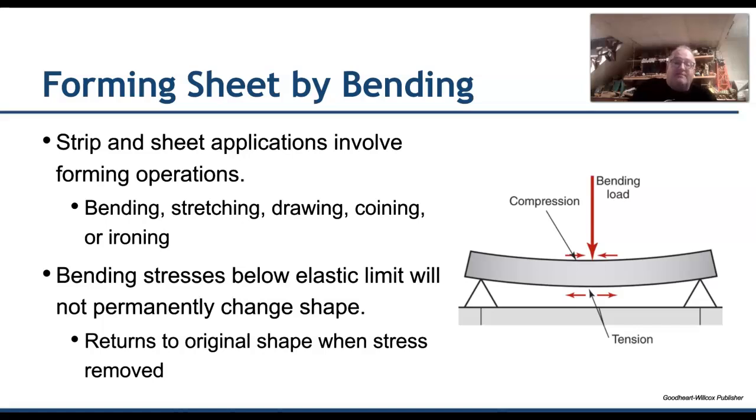Now, of course, in all of this, there are bending stresses that the material takes on that do affect the elastic limit. We are kind of trying to permanently change the shape of that metal.